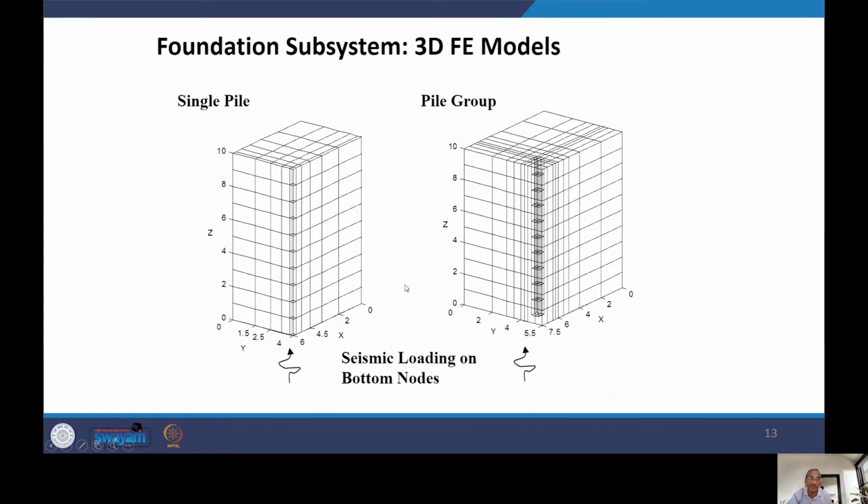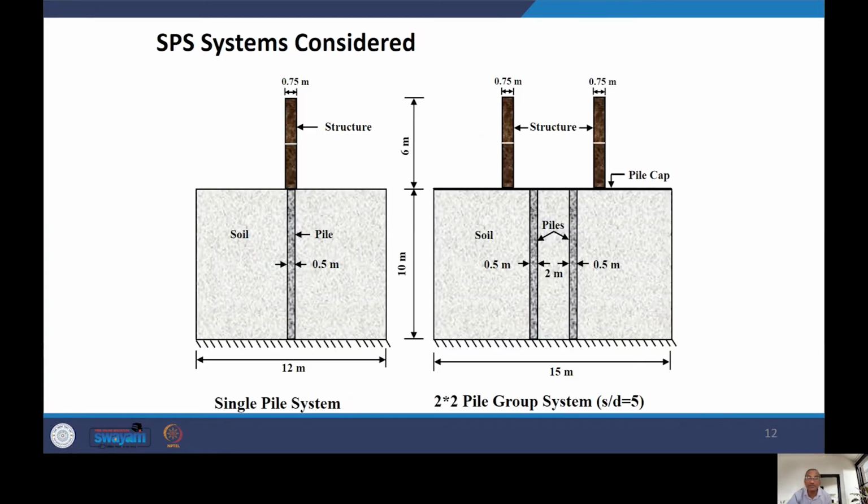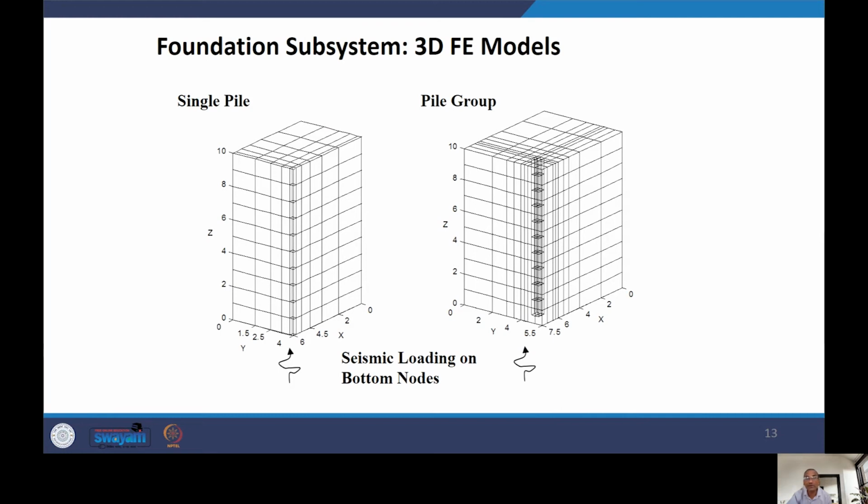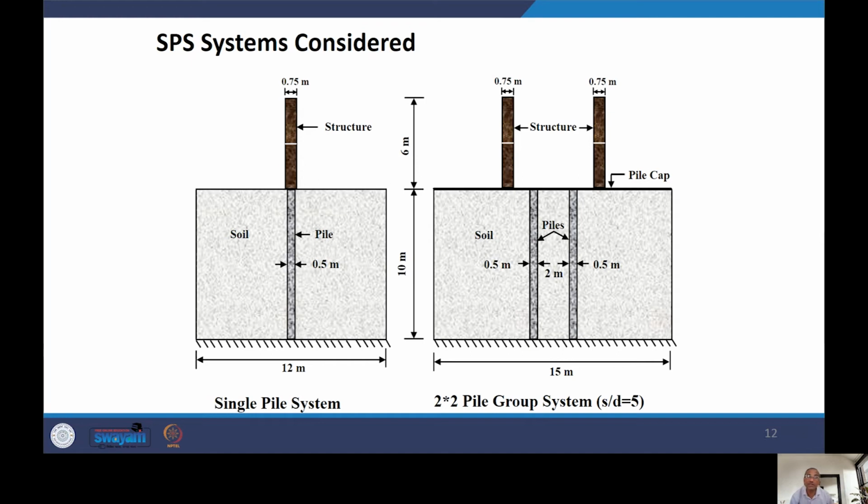It cannot be used for the nonlinear case, number one. But at the same time, while using this quarter model or half model, one needs to understand how we are able to achieve this model. We are able to take the advantage of symmetry and anti-symmetry. And when we talk about this advantage of symmetry and anti-symmetry, not only your soil pile system, that means geometry, should be symmetrical, but at the same time, your applied load should also be symmetrical.